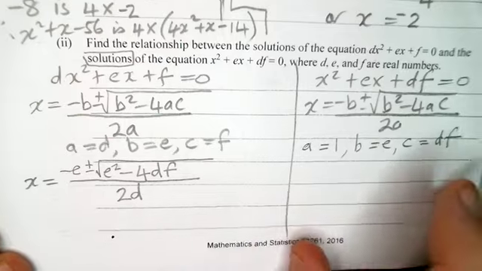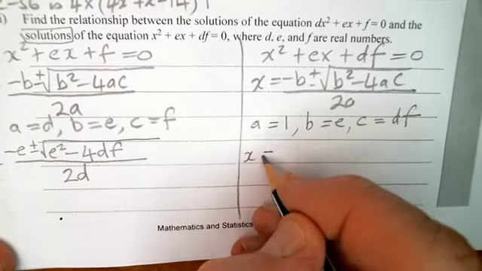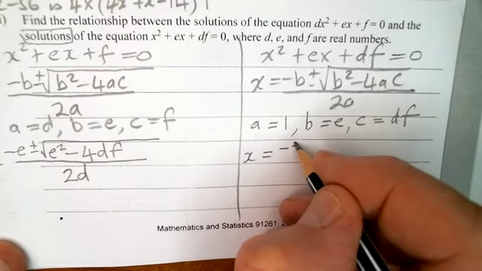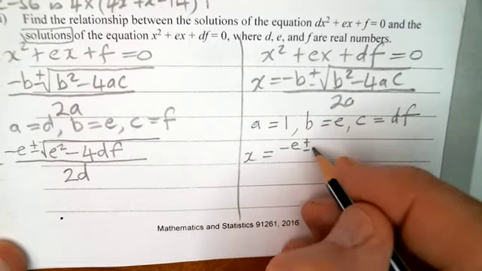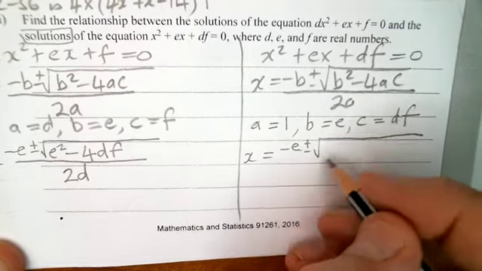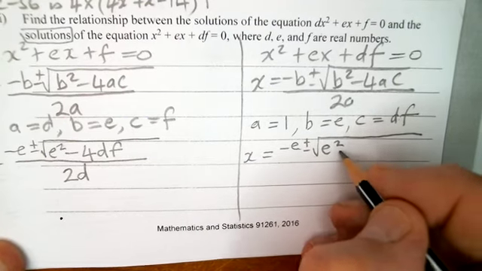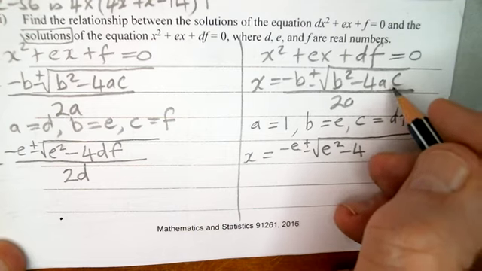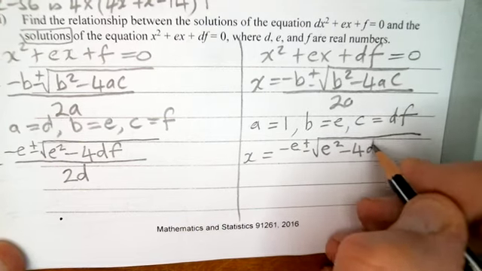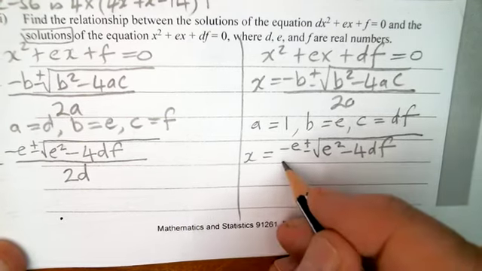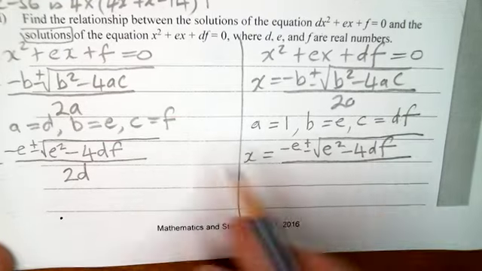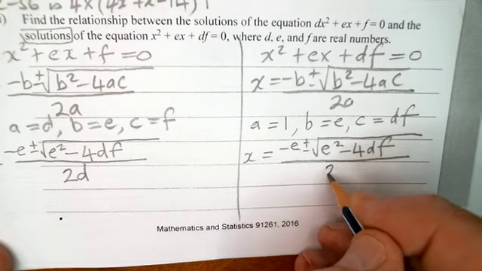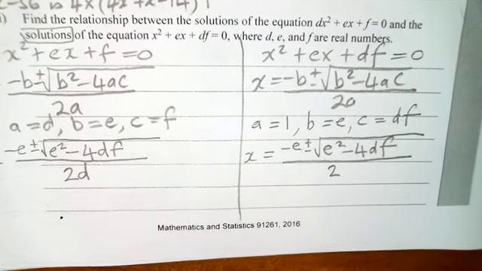Here my x is going to equal, same deal, minus b, so that's minus e, plus or minus the square root of e squared, minus 4 times a, which is 1, times c, which is df. Now, I'm looking at this and I can see they're exactly the same. It's all over 2 times a, which is going to be 2 times 1.